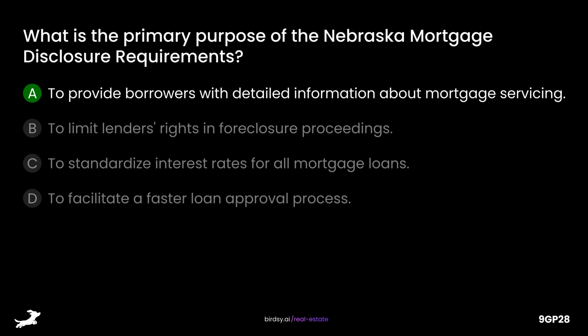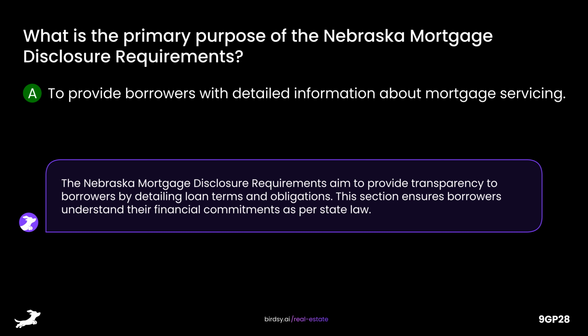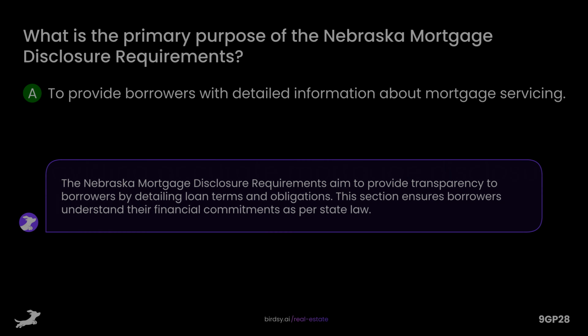The answer is A, to provide borrowers with detailed information about mortgage servicing. The Nebraska mortgage disclosure requirements aim to provide transparency to borrowers by detailing loan terms and obligations. This section ensures borrowers understand their financial commitments as per state law.